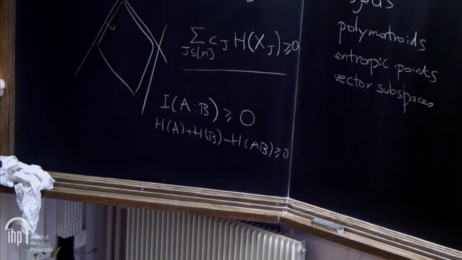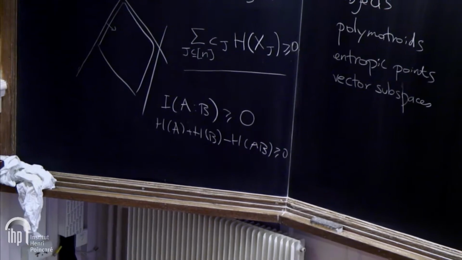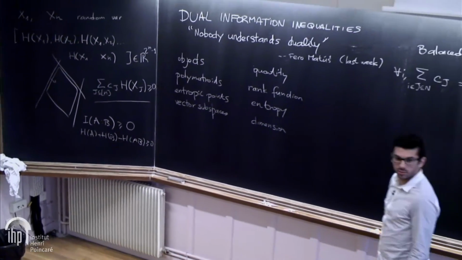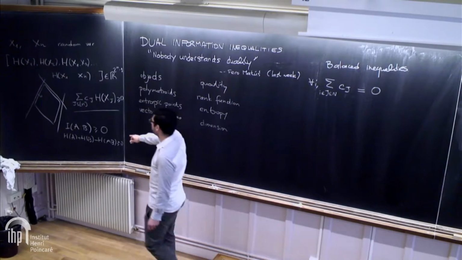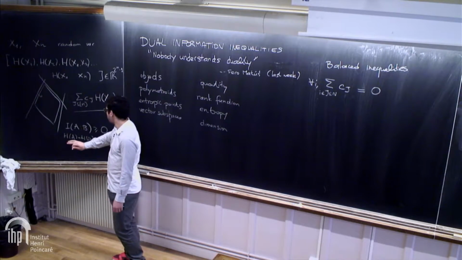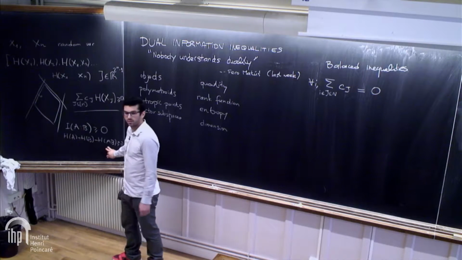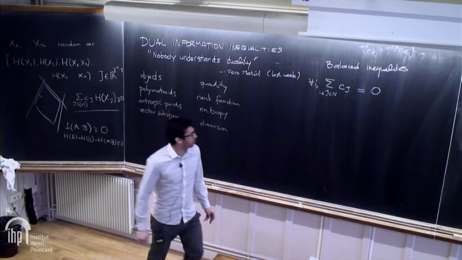An inequality is balanced if the sum of coefficients involving, for instance, A is 0. Here it is balanced, because the sum of coefficients for A is +1 and -1.